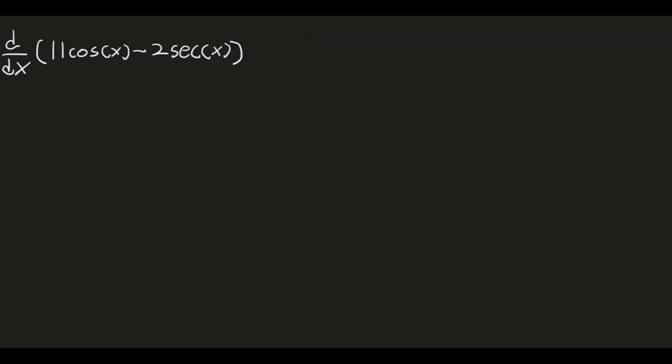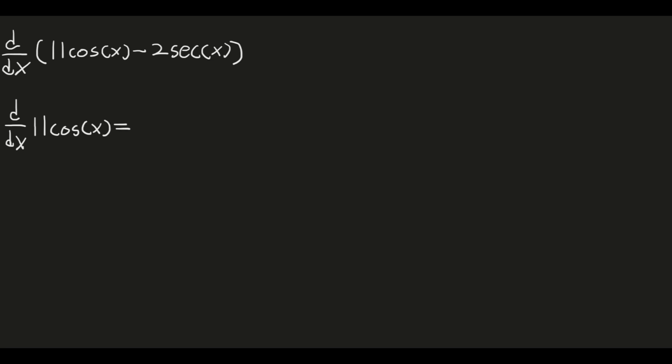Let's do one last example. Feel free to pause the video and attempt this yourself. So we want to find the derivative of 11 cosine x minus 2 secant x, and we need to take the derivative of the first term, which is 11 cosine x.